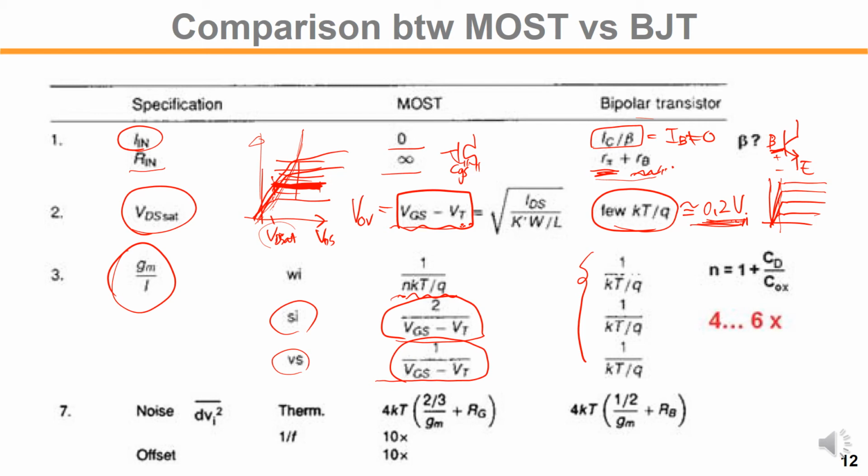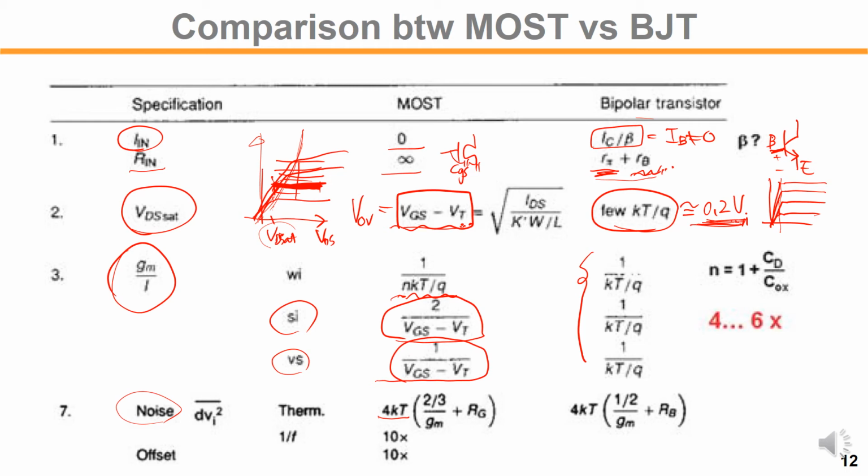For noise, we haven't looked at the noise yet for the device. I will just recap. So we learned in undergraduate course that the thermal noise voltage can be modeled, that is 4kT.